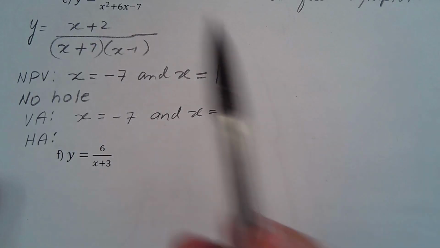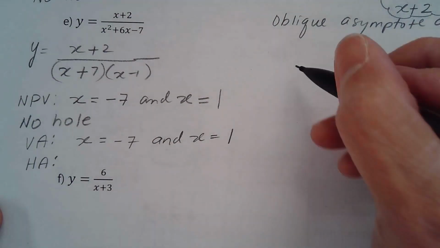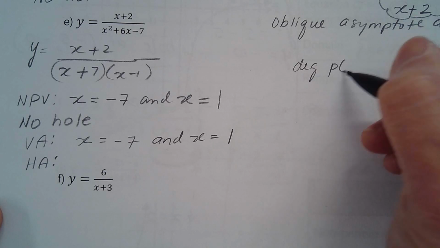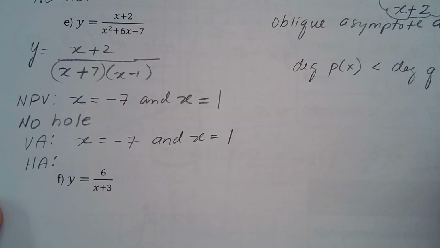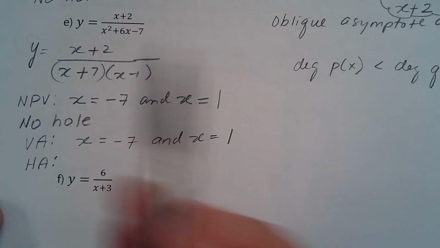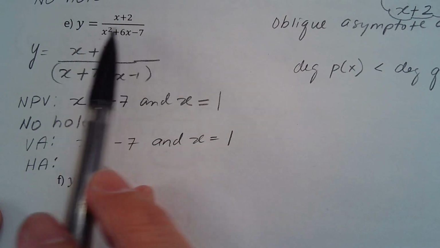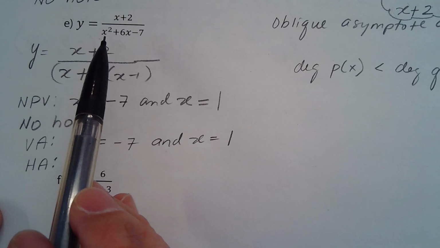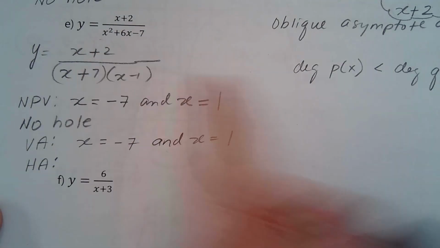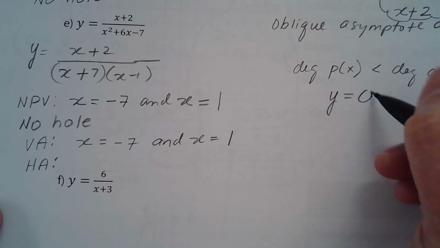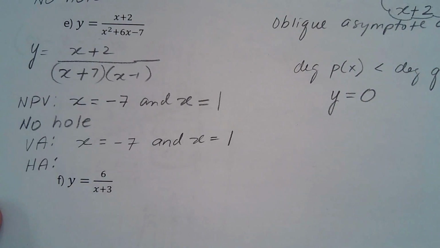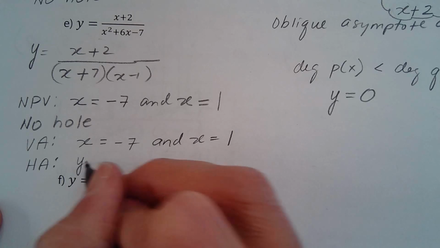The degree of the numerator is less than the degree of the denominator. So that means the denominator gets bigger and bigger and bigger. You're going to have to divide by a large number, so it's going to be y equals to 0. Okay, so y equals to 0.